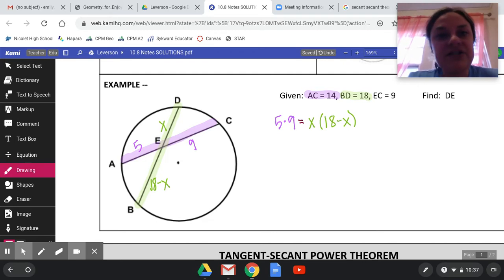Now, all that I need to do is solve this algebraically. 5 times 9 is 45, equal to 18x minus x squared, just distributing in that x.